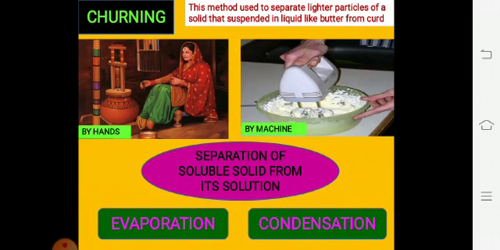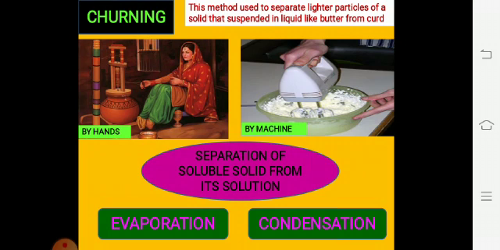Next is churning. Churning in Hindi is bilona. What is churning? This method is used to separate lighter particles of a solid that are suspended in a liquid, like butter from curd.